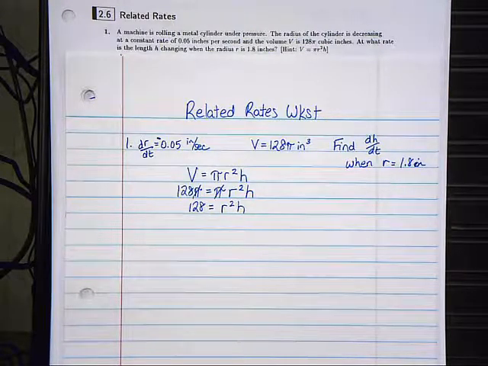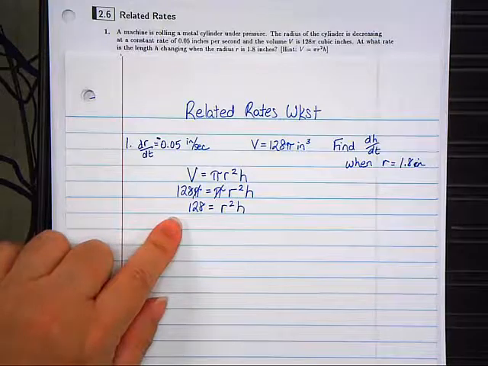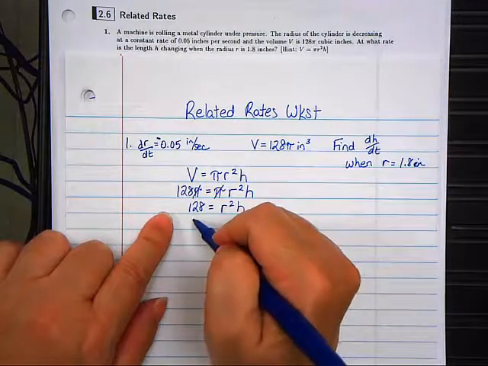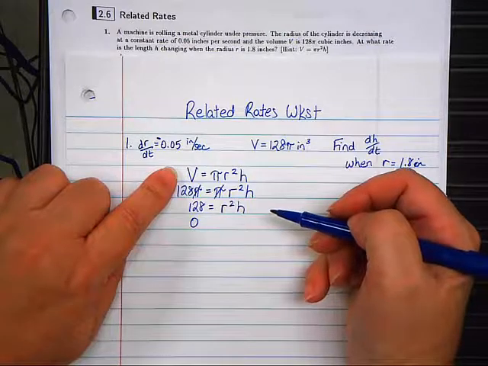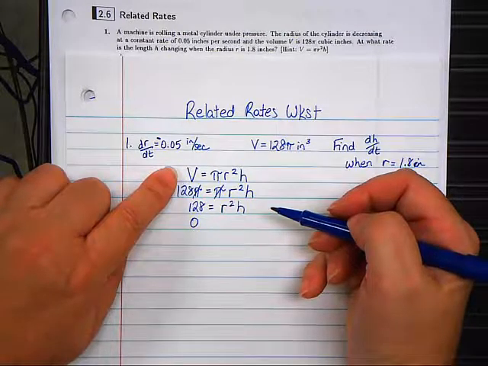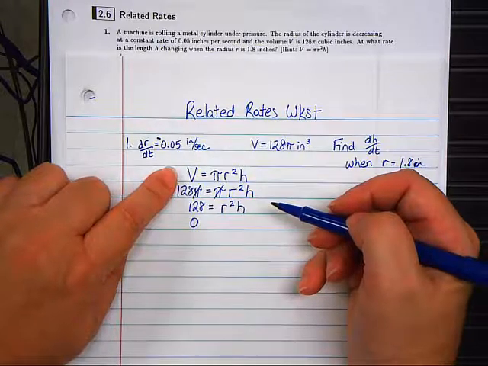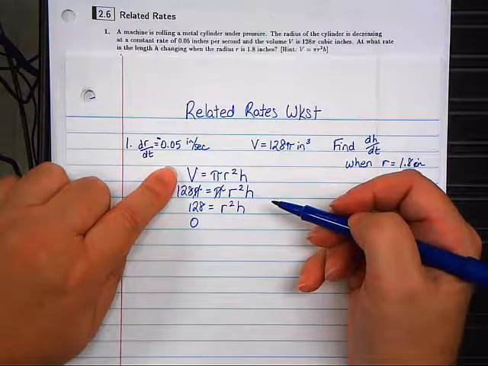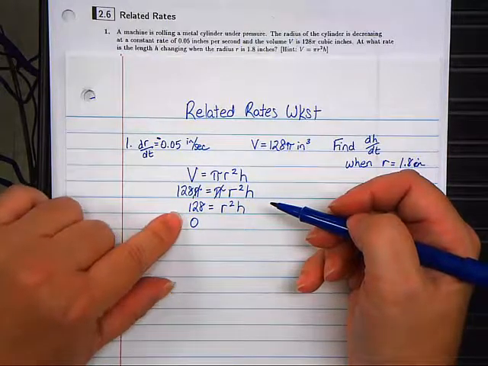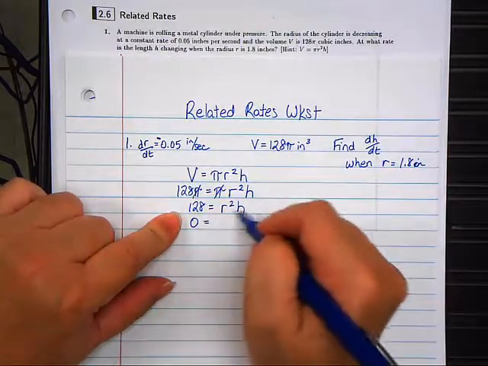I am still going to use product rule, but what's the derivative of 128? 0. Does it make sense that the derivative of the v turned into a 0? Remember that the derivative of v is the change in volume. How much is the volume changing? Not at all. So that's why this is now a 0. Equals. Now let's do product rule right here.